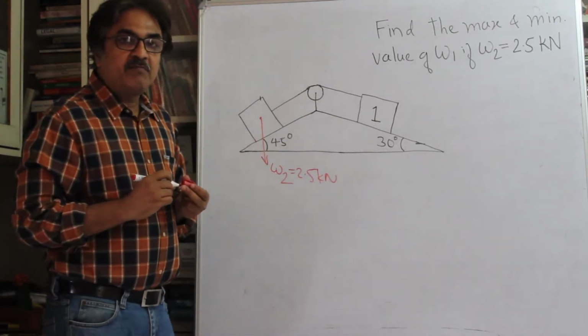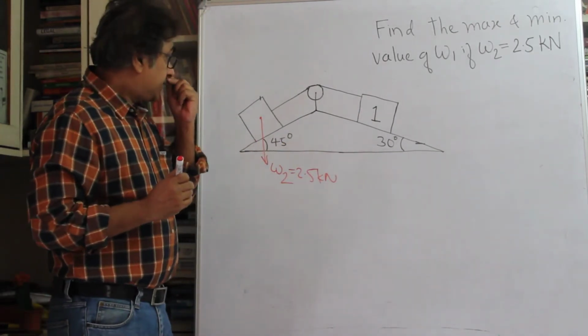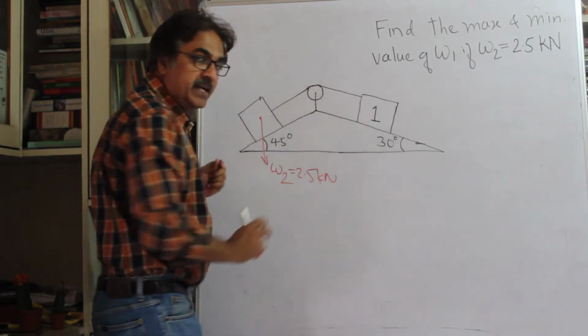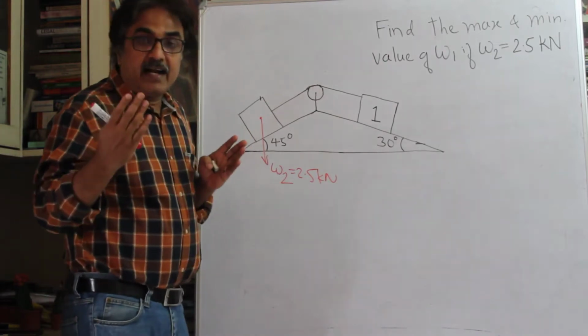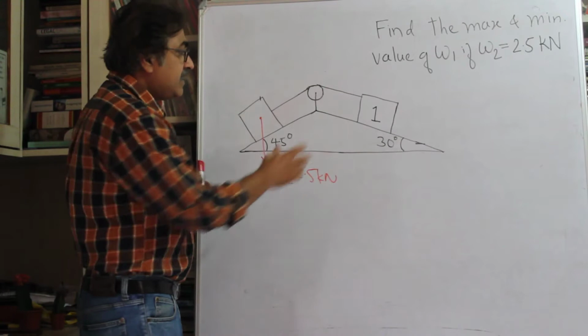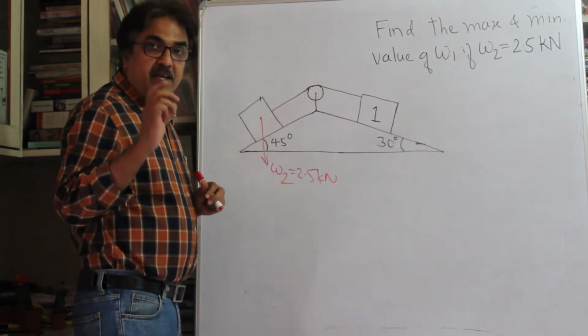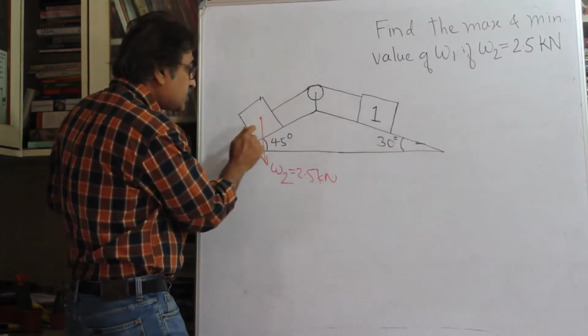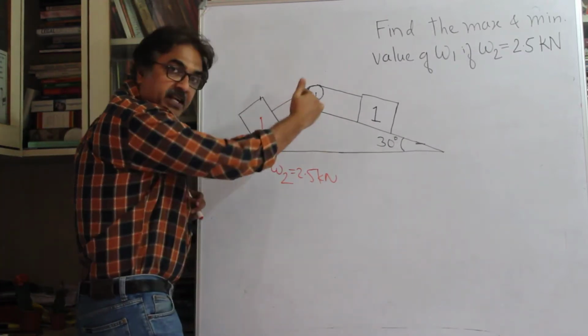Now understand what you mean by maximum and minimum value. When you are going to decide this weight, you can decide it in two ways. In the first case, the weight here would be enough to stop the sliding of this body downwards.